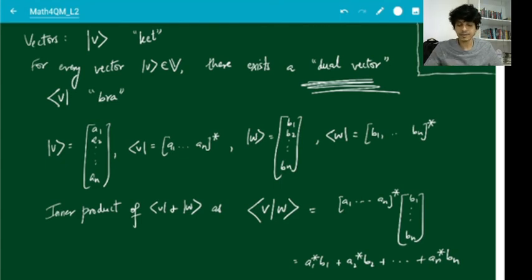Turns out that you can define a whole other vector space called the dual vector space, and these bras are actually vectors belonging to that vector space, and the inner product then becomes an operation which takes a vector from your original vector space and a vector from your dual vector space and operates on them and gives you a member of the field. So formally, for mathematicians, that is how you would define the inner product.